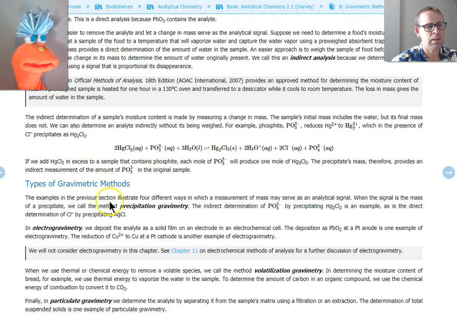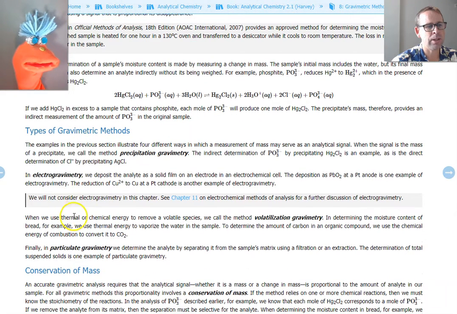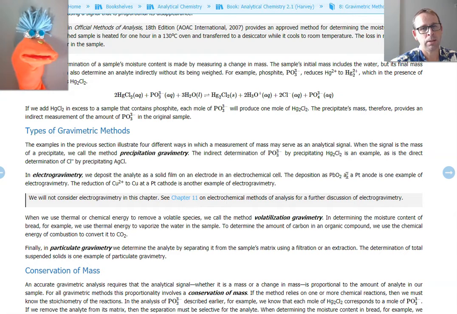Okay? In electrogravimetry, we deposit the analyte onto an electrode, and then we measure the mass of the electrode. So have you heard of electroplating material, like taking spoons and making them look silver or gold, something like that? Gold plating, yeah, I've heard of that, right?